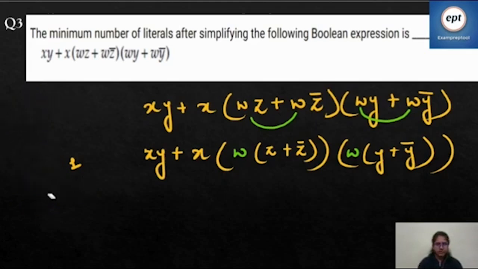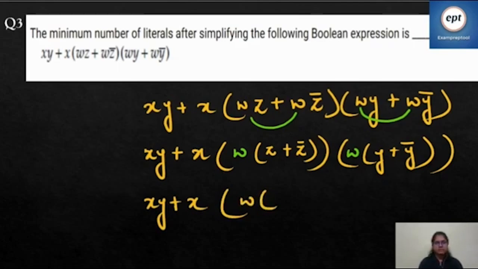Now, as I said, let's write this as it is. This z plus z bar will become 1, and here, this term y plus y bar will also become 1.